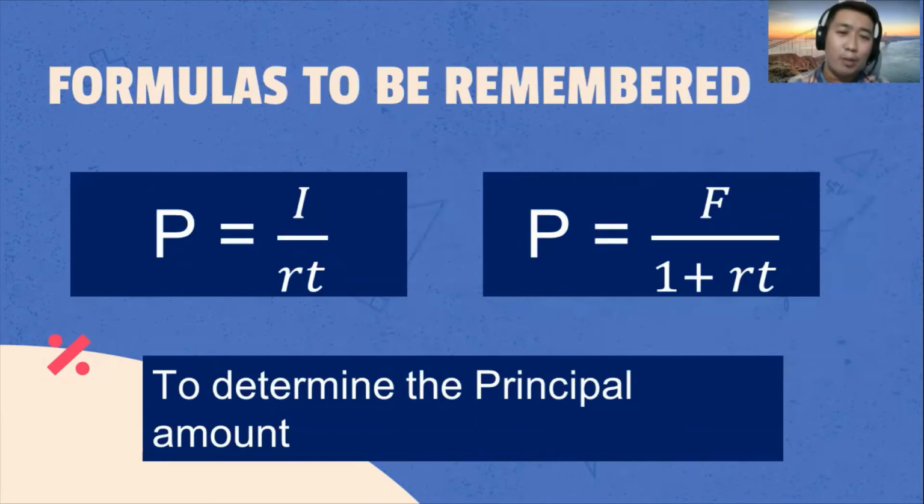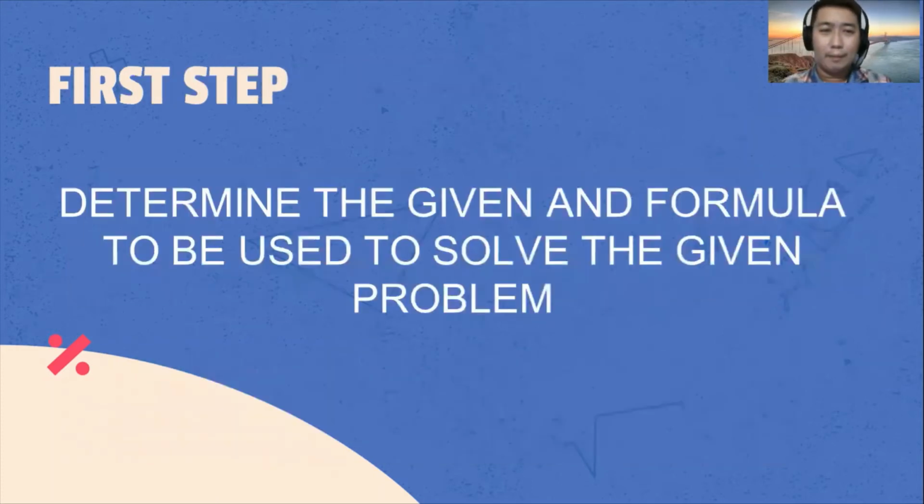So these are the formulas to be used. P is equal to I over RT, or P is equal to F over 1 plus RT. First step, determine the given and the formula to be used to solve the given problem.